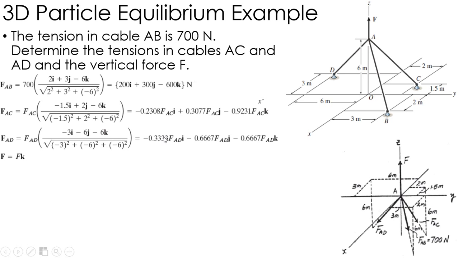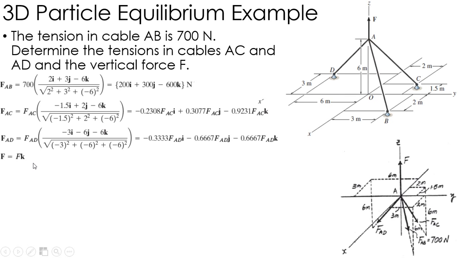Then very simply, I also have F in the k direction, and I need to figure out that F as well. So these are all four of my forces written in Cartesian form. Again, I have three unknowns here: FAC, FAD, and that vertical force F that I have to concern myself with.